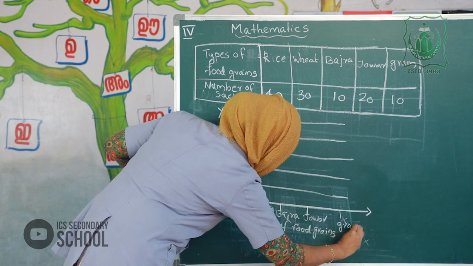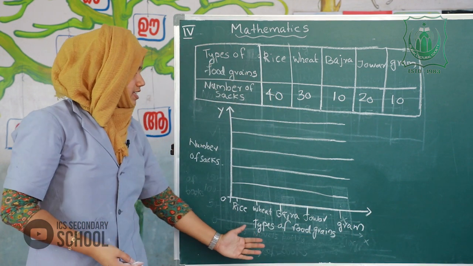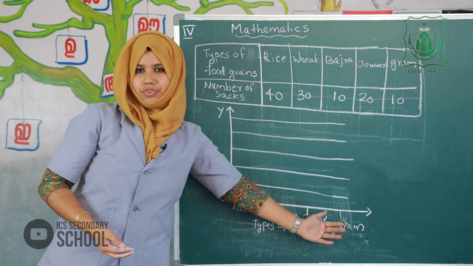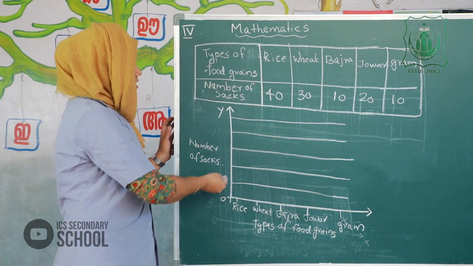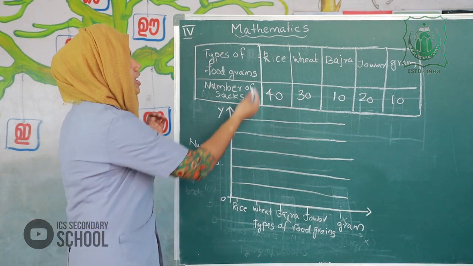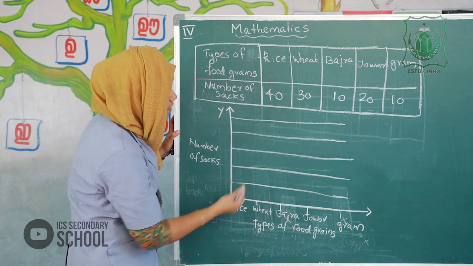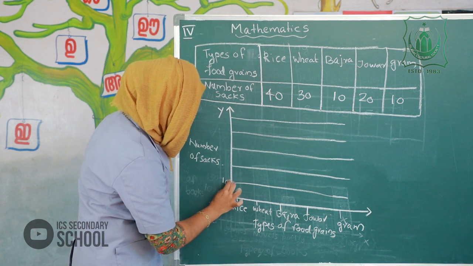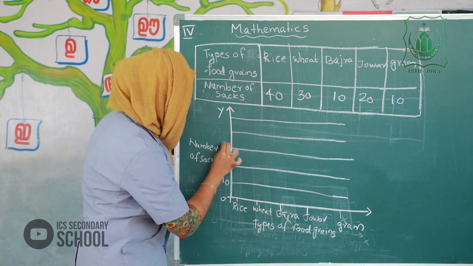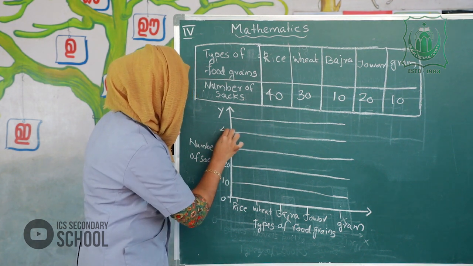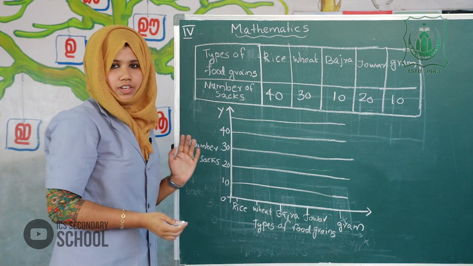Okay. So in x axis we write the types of food grains and the y axis the number of sacks. And how many rice? So here the maximum data is 40. So we can write from 10, 20, 30 and 40. Is it clear that?